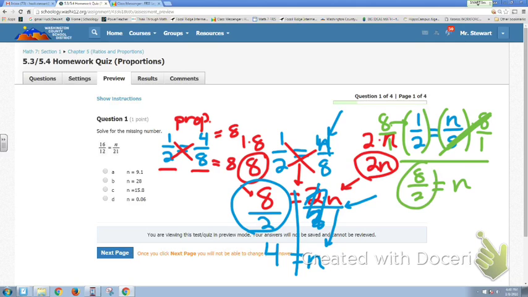Well, we can reduce this down. What is 8 over 2 reduced to? 4 over 1, or just 4? Or we can just think, how many times does 2 go into 8? 4 times. So in other words, I get n is equal to 4. A few less steps if you do it this way. Is all I'm saying is use your knowledge of equations to help you solve for proportional unknowns. It's just the same as a single step equation.